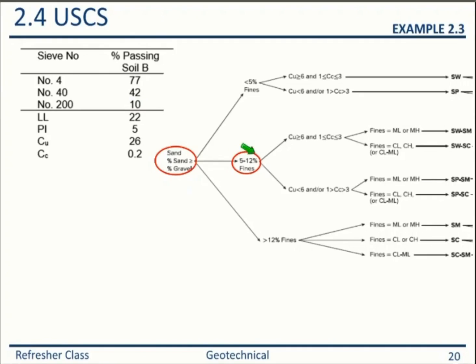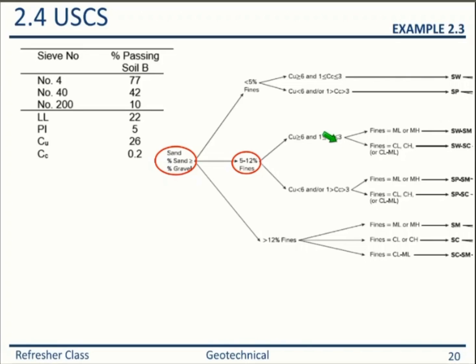Once you move here, you could go there or you could go there. First, go to the top. The condition here is C sub U should be greater than 6, and C sub C should be greater than or equal to 1 and less than or equal to 3. So what does it mean?